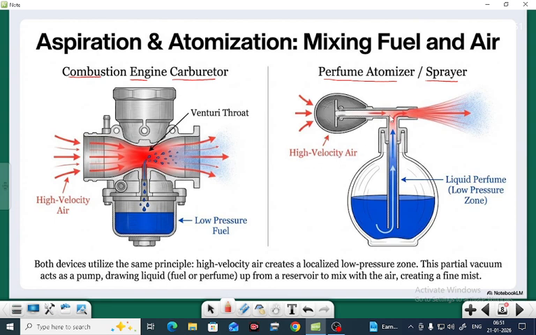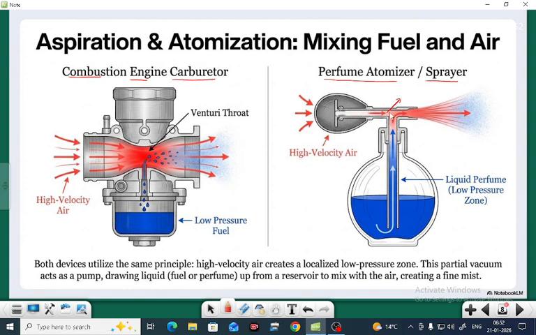When the velocity is very high at this position, it creates a low pressure zone. Liquid perfume, low pressure zone, so it goes up. High velocity means it creates a low pressure zone, and so from high pressure to low pressure the liquid moves up, and this is the working of a sprayer, or what we call an atomizer.